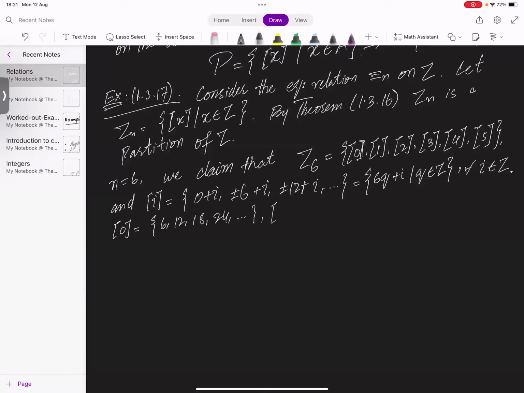Then equivalence class 1 would include elements like 7, 13, 19, 25. And then equivalence class 2 would be like 8, 14, 20, 26.